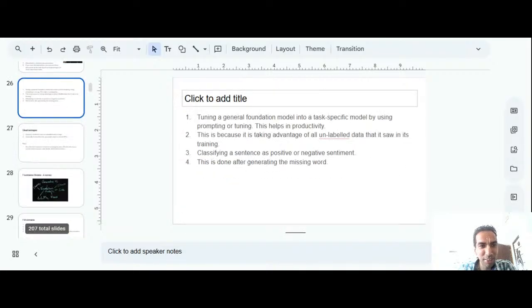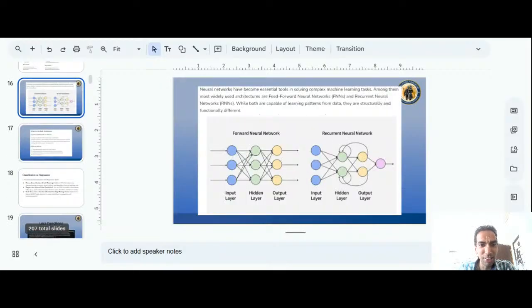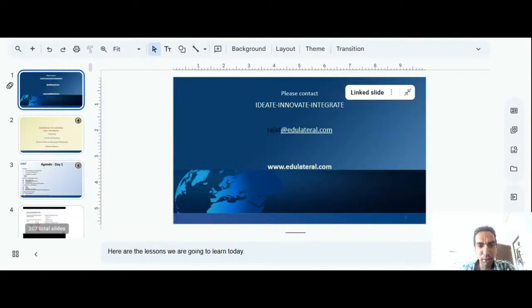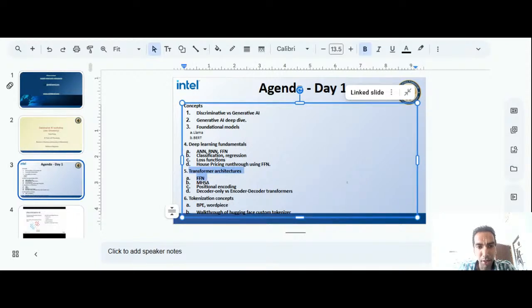Okay, so on the first day we covered all these topics, right? In the fifth topic, we dive deeper into the transformer architecture, and this architecture consists of four components.